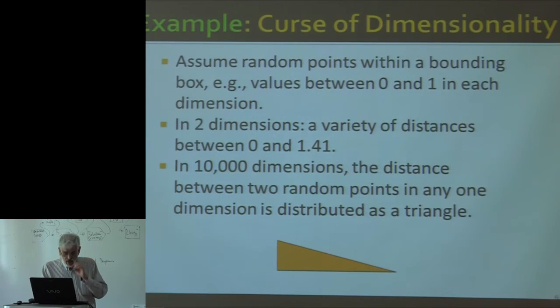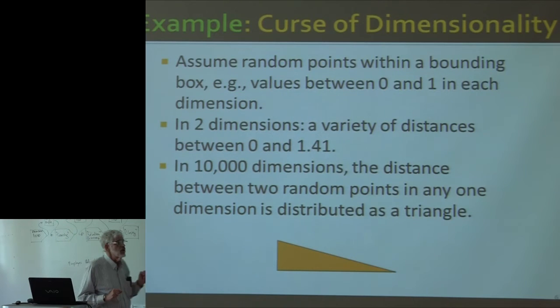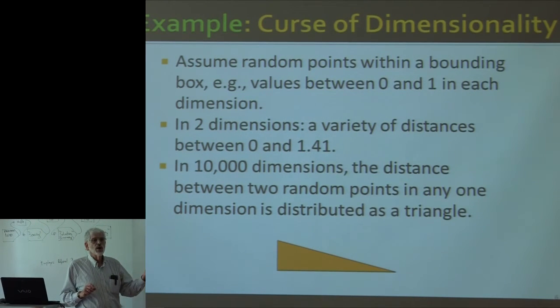Now the distance between the points then is going to be the square root of the sum of the squares of 10,000 random variables, each one distributed like this.